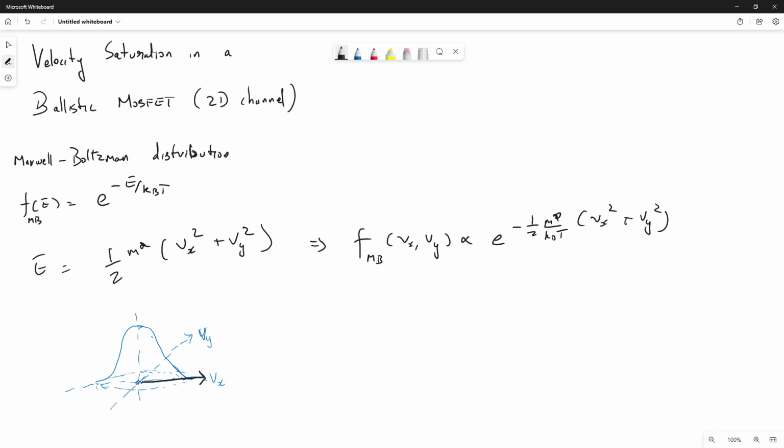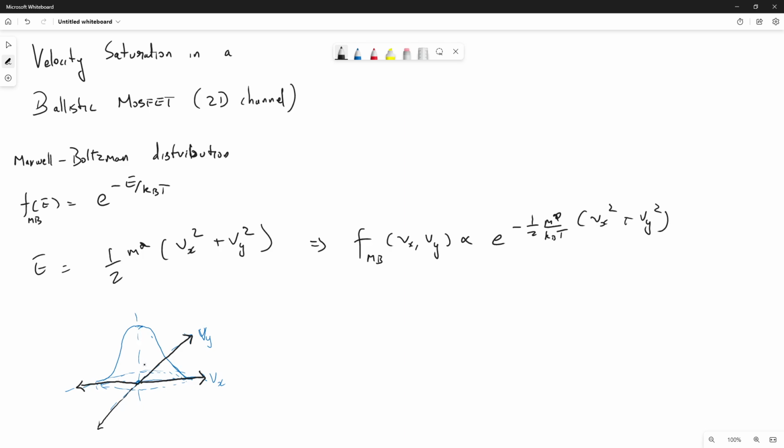Now, as and when I keep increasing the applied potential, what will happen to this graph? More and more electrons will start moving in the desired direction, correct? And the desired direction for us is the positive x direction, right?